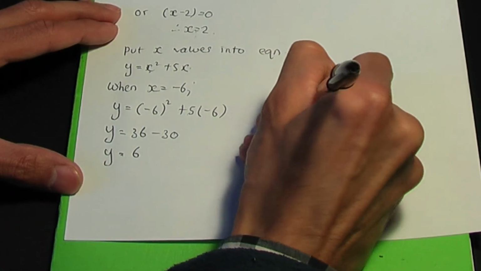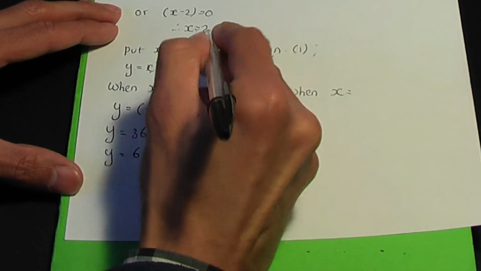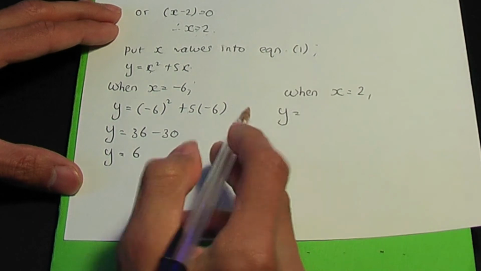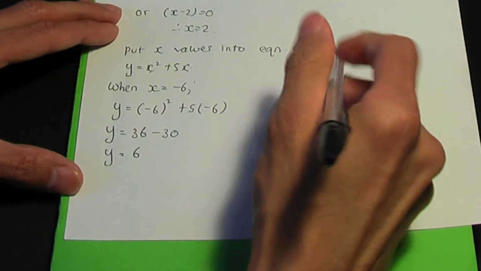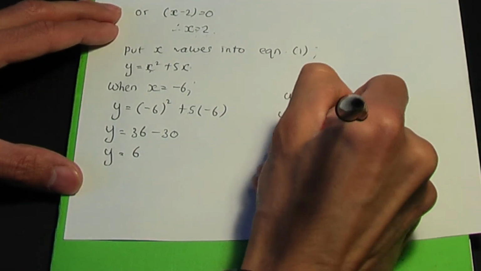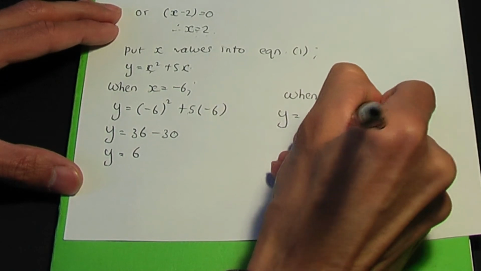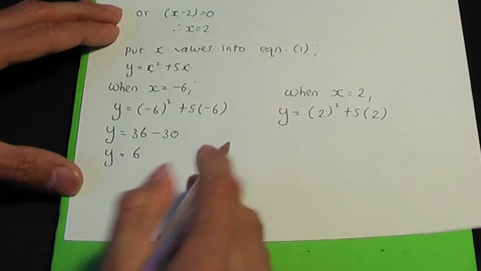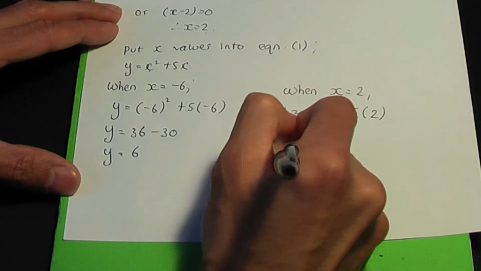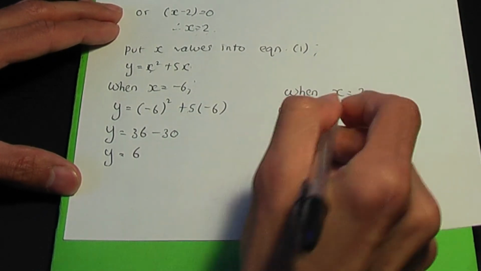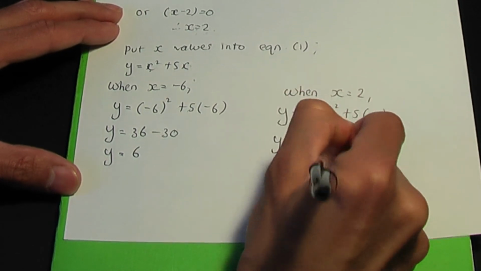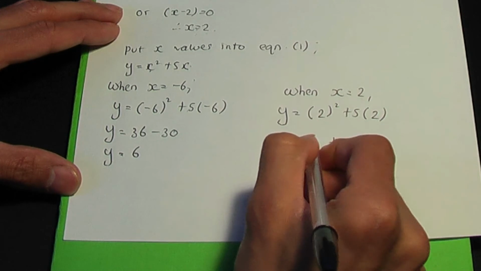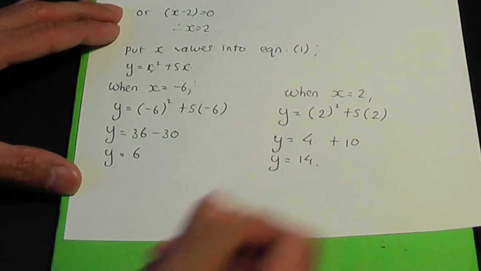And let's find the corresponding y when x is 2. When I replace in the same equation number 1, I'm going to have x, which is 2 squared, plus 5 into x, which is 2. If we simplify here, 2 squared being 4, 5 into 2 is 10, y will be 4 plus 10, 14.